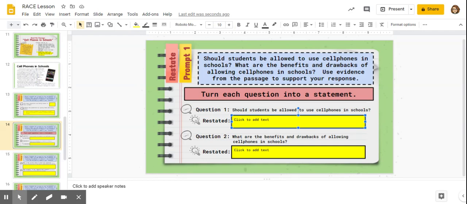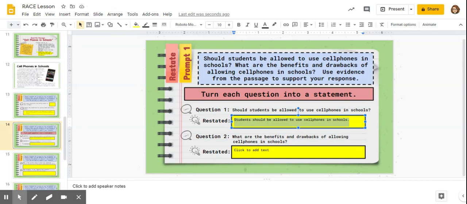So if we believe students should be using cell phones in school, or should be allowed to, we would write students should be allowed to use cell phones in schools. Now, what if we wanted to argue the other side and say students should not be allowed to use cell phones?